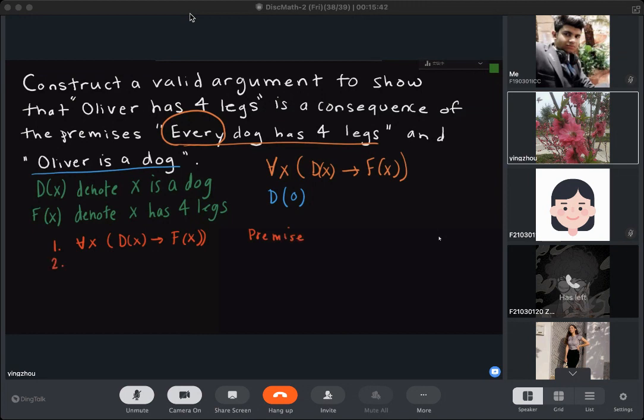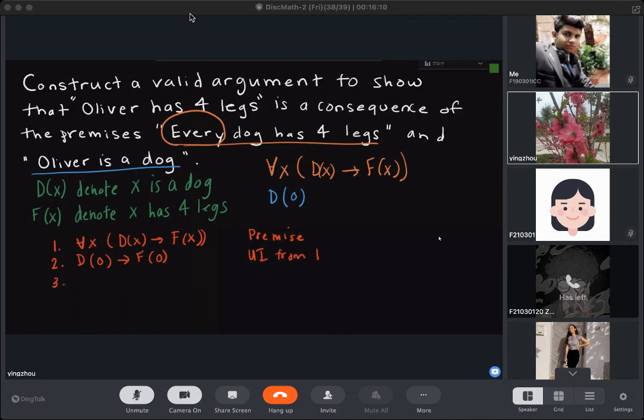Now, what we just learned is that if it is true for all of x, then I can say it is true for a specific x. So if Oliver is a dog, then Oliver has 4 legs. And what's the reasoning? Universal instantiation from 1.